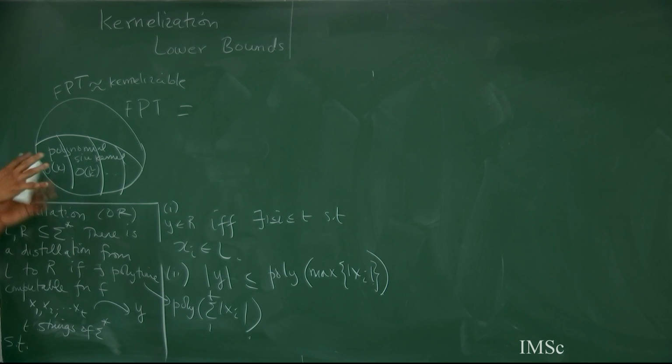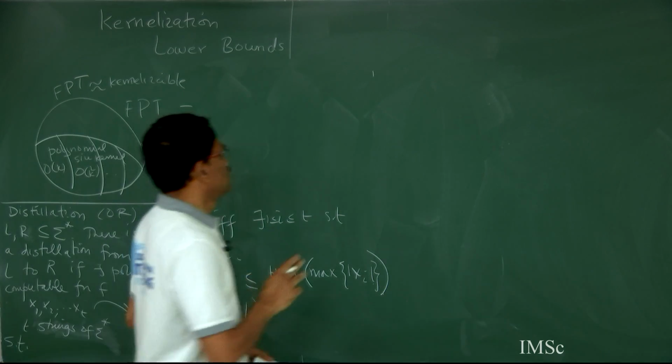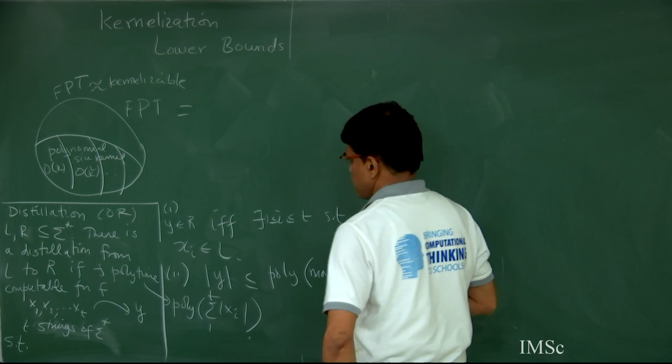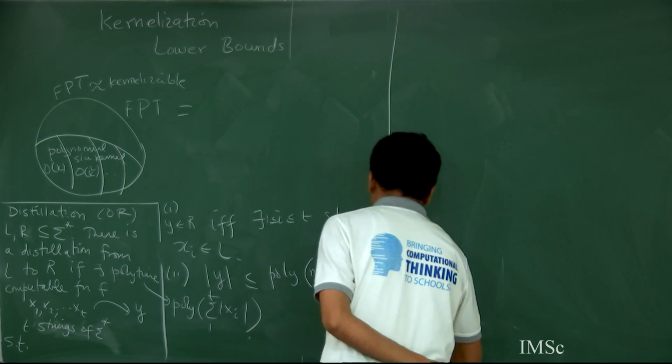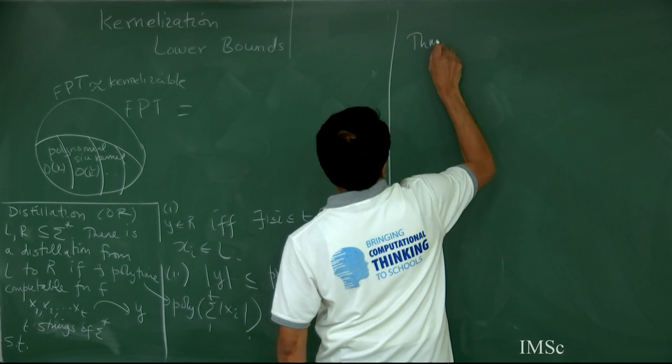It is sort of like this path problem we discussed, where you can take the disjoint union as some sort of composition or a distillation. Now, here are some theorems in complexity theory.